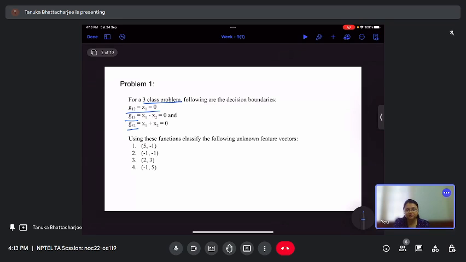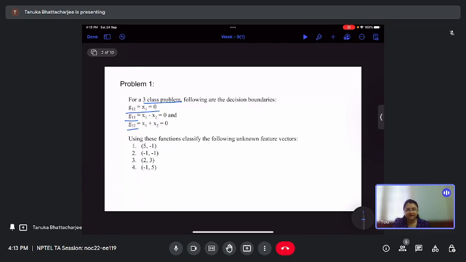For each of these equations, the positive side is for one class and the negative side is for the other class. For example, with G12, the positive side is class 1 and the negative side is class 2. Like that, for G13, when you compute x1 minus x2, if you get a positive value, that side belongs to class 1 and the negative side belongs to class 3.